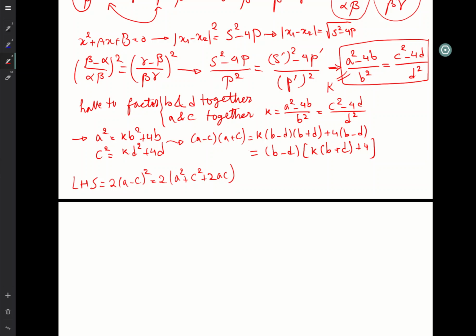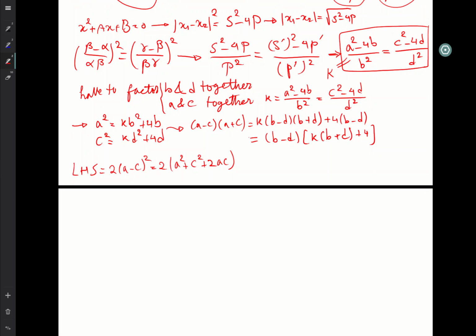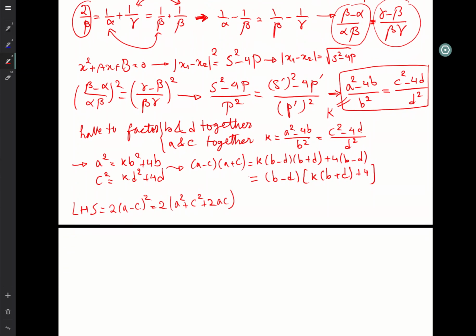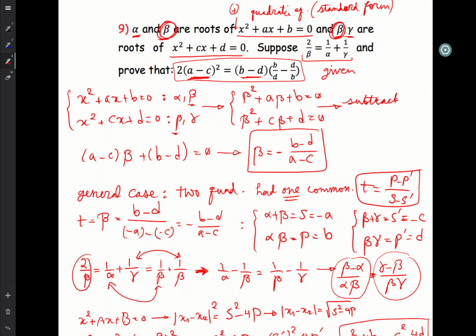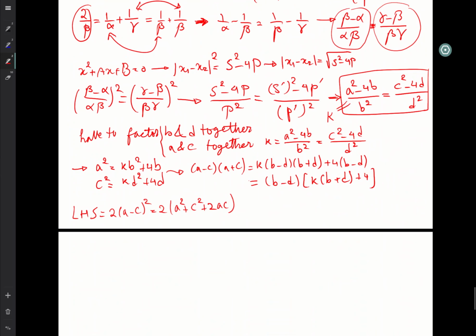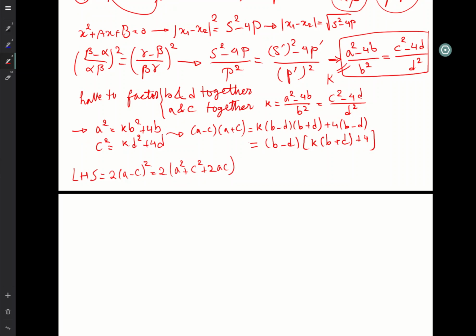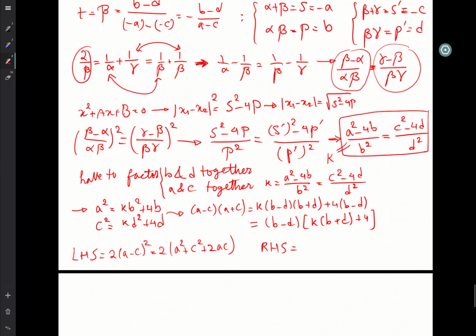And if I want to see how to simplify this, b minus d, b plus d, and the right hand side is b minus d times b over d minus d over b, right?